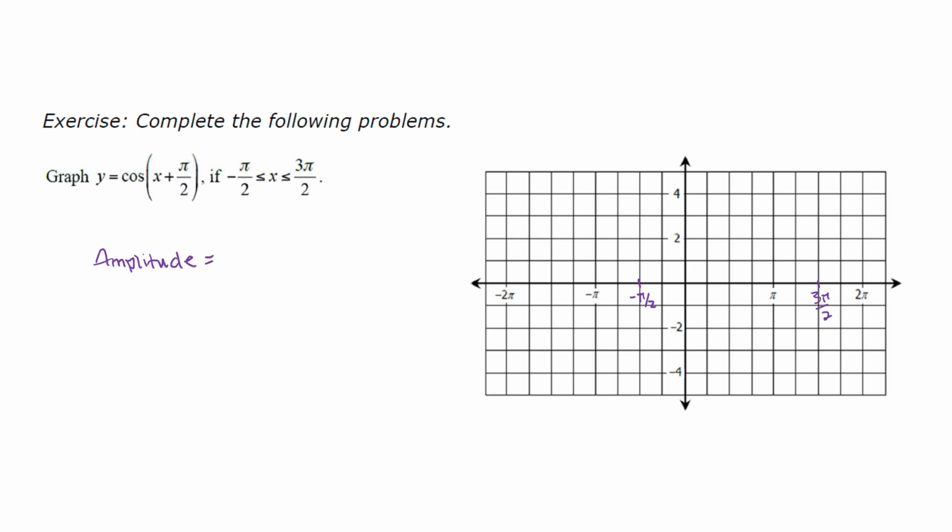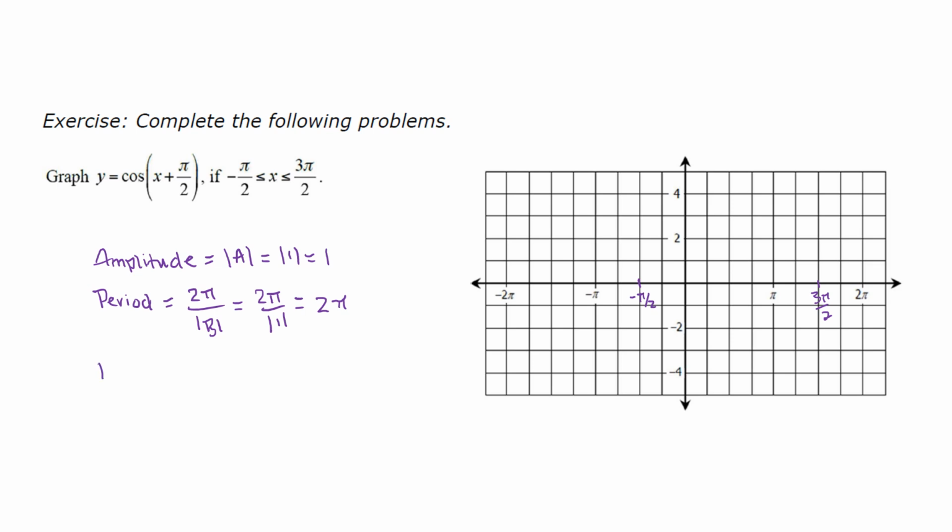Our amplitude is the absolute value of A. In this case, it's going to be 1, and the absolute value of 1 is 1. Our period is going to be 2 pi over the absolute value of B. So that will be 2 pi over the absolute value of 1, which simplifies to 2 pi.